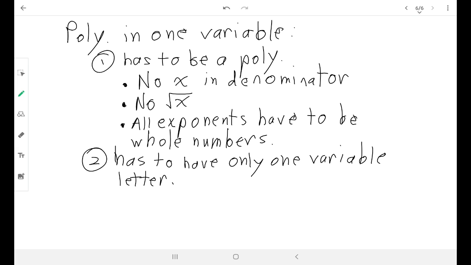It might have different exponents and stuff like that, but it can only have one letter. If you get an x next to a y, like if I had 3x squared plus 2y, not a polynomial. Okay? Or, well, it is a polynomial, but not a polynomial in one variable. Okay? So that's a polynomial in one variable.